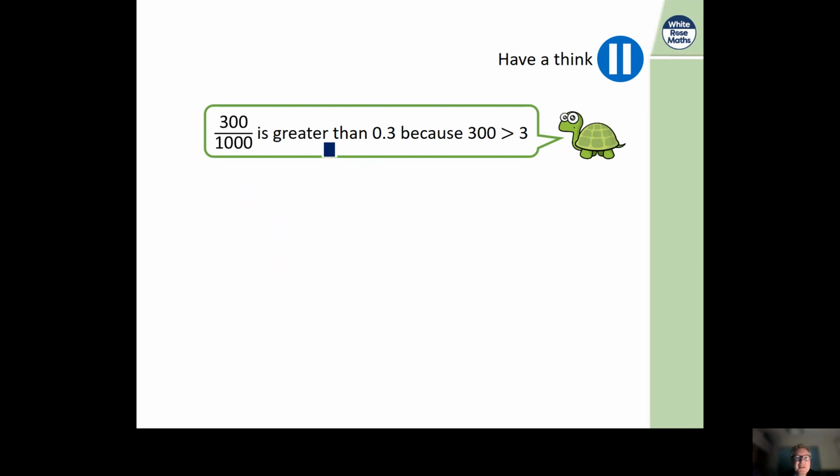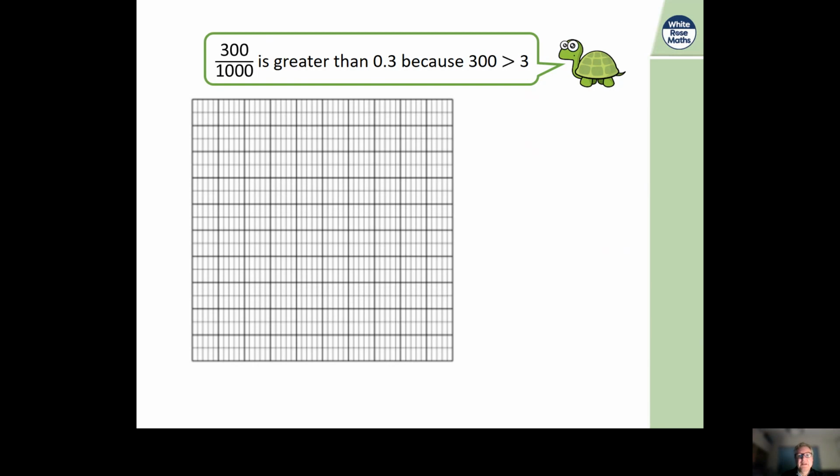300,000ths is a larger or greater number than 0.3 because 300 is greater than 3. So let's work through this one.